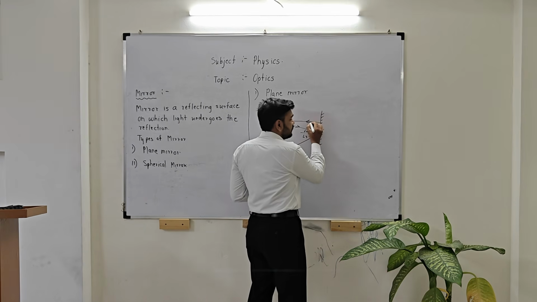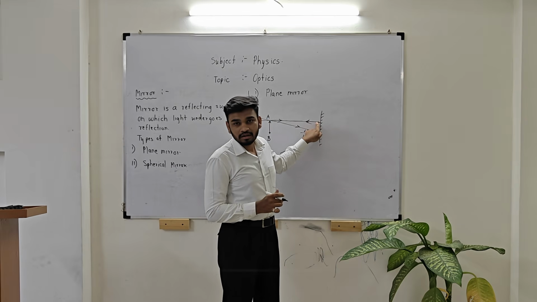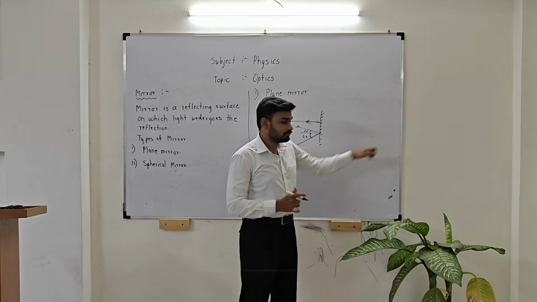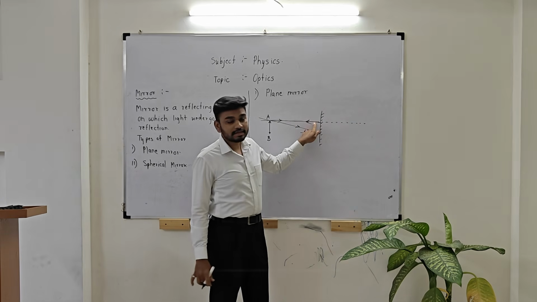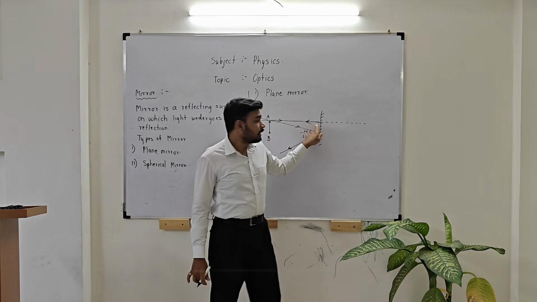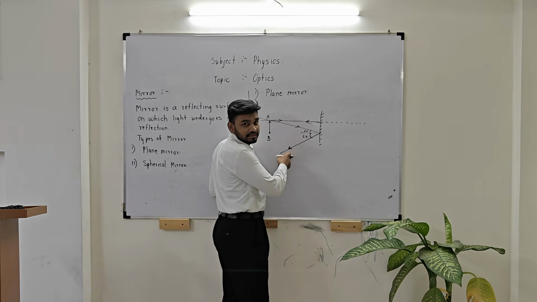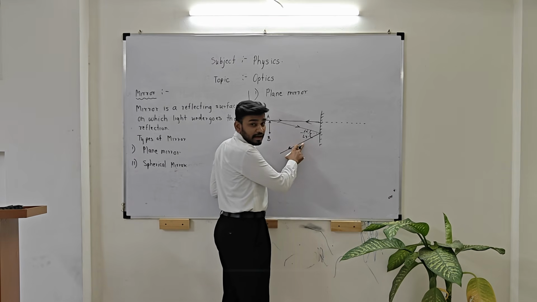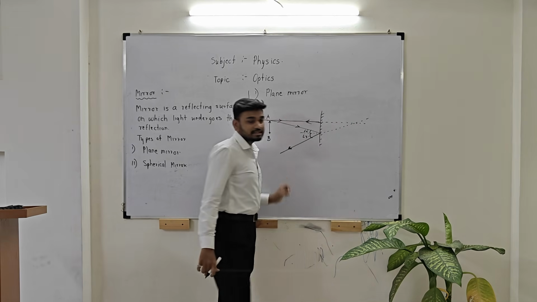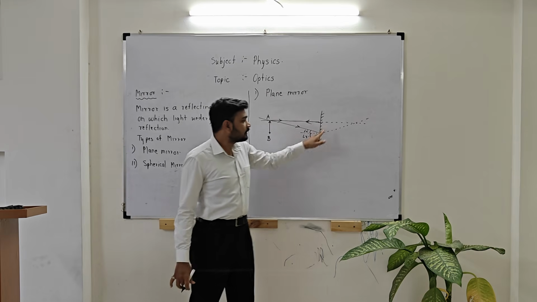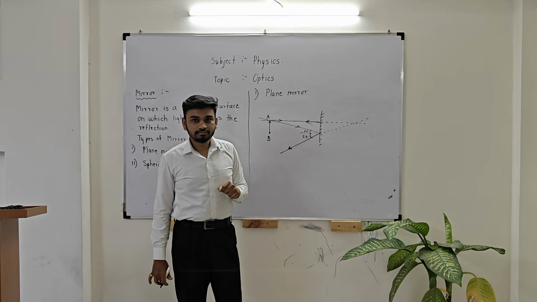But if I extend the apparent part of this reflected ray behind the mirror like this, and do the same with this other ray also, we can see that the apparent parts of both reflected rays meet behind the mirror.